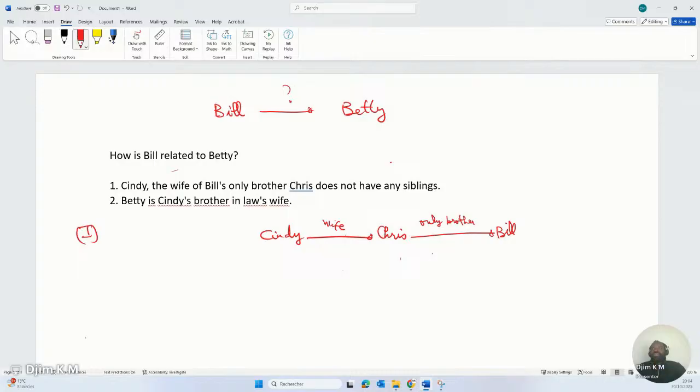And Bill does not have any other sibling. But here we don't know where Betty is. Okay, we don't have any information about Bill and Betty, so insufficient.